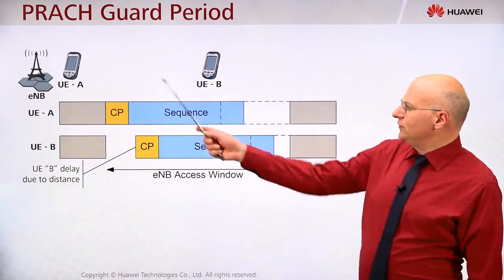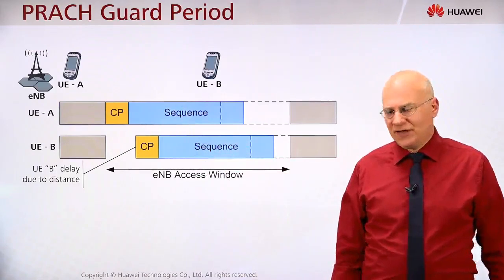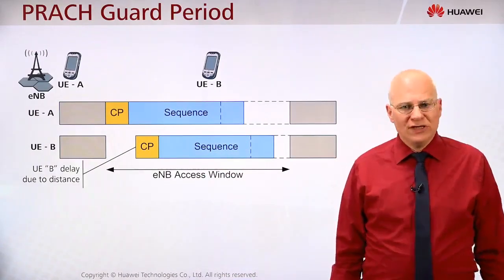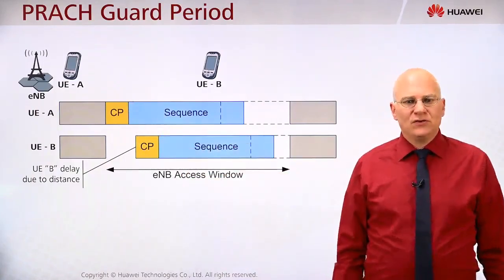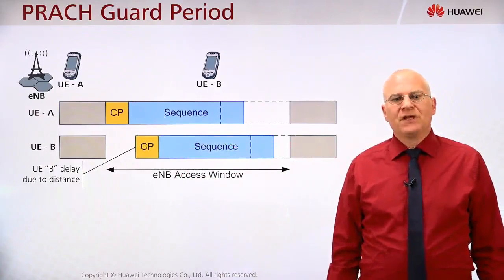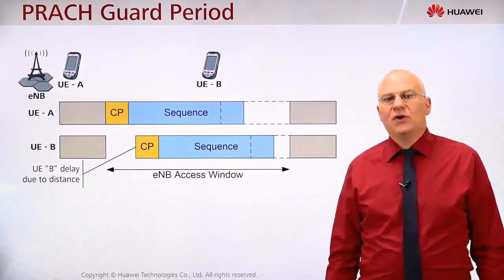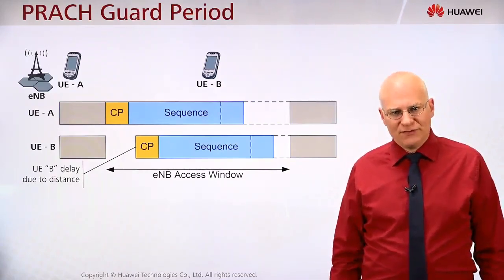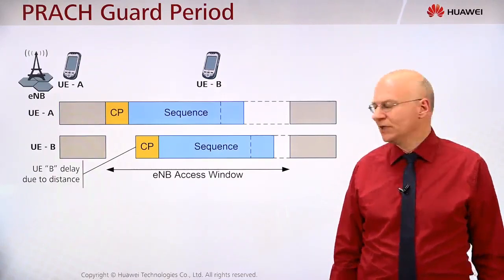The first user equipment A is very near to the receive antenna, so there is a low delay, almost no delay can be found. The user equipment synchronizes in the downlink and takes the downlink synchronization for the uplink, because before we have sent the random access channel, we have no uplink synchronization.